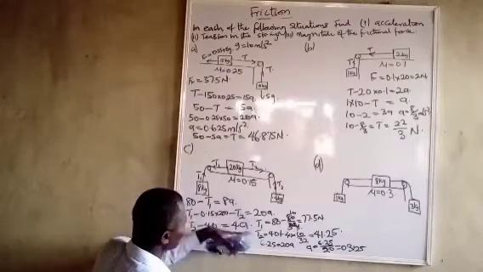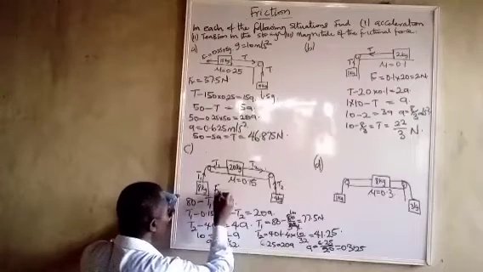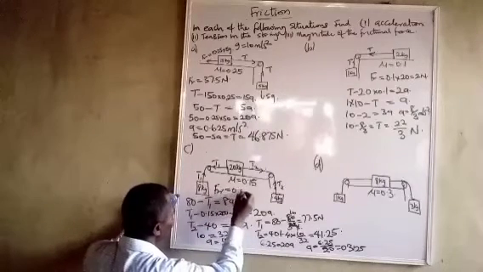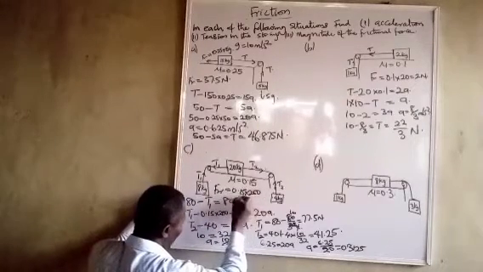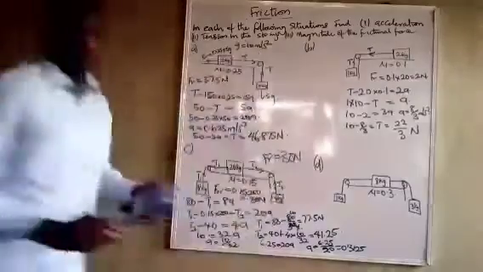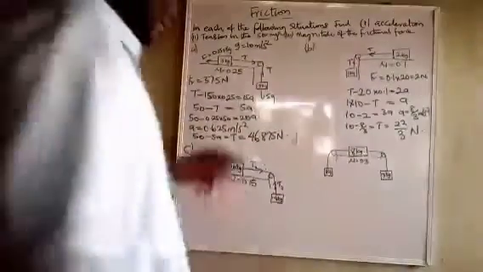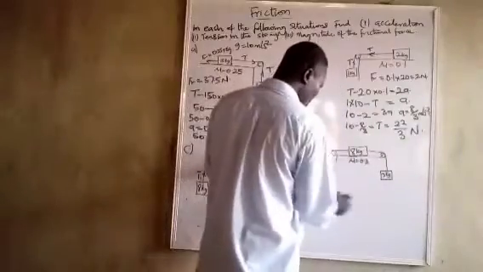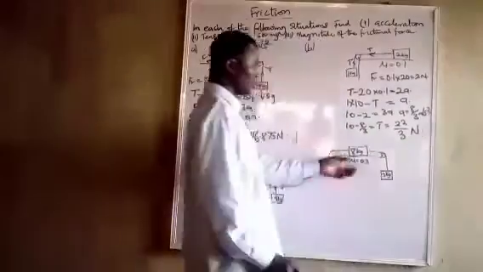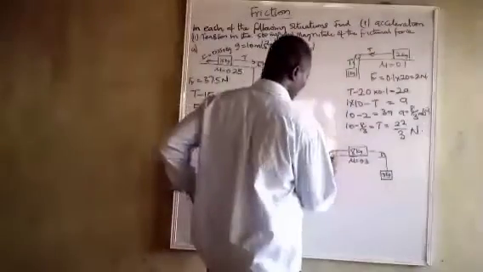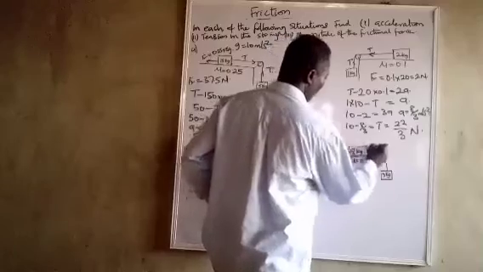So our frictional force in this instance, Fr, is 0.15 times 200. Now here, we have 1 kg here, we have 3 kg here, we have 8 kg here, and mu is 0.3. Let's make this one T1 and T2.